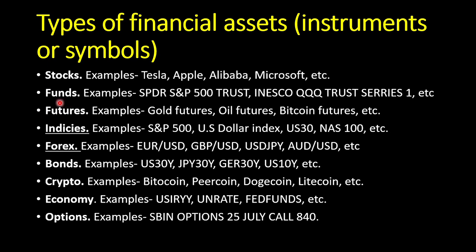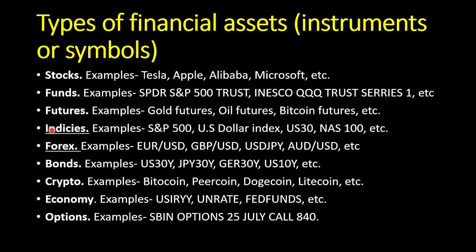Then the other type of financial assets we have is funds. Examples include SPDR, S&P 500 Trust, Invesco QQQ Trust Series 1, and many more. Then comes futures. Examples include gold futures, oil futures, Bitcoin futures, and many more.